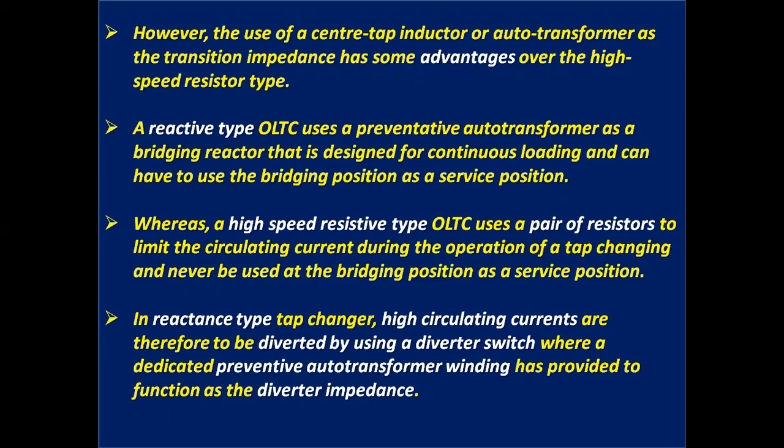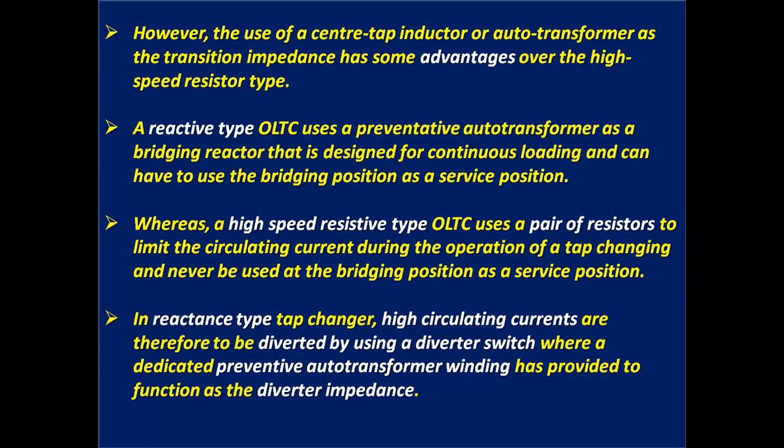Whereas a high-speed resistive type OLTC uses a pair of resistors to limit the circulating current during the operation of a tap change and is never used at the bridging position as a service position. This is the difference between reactive type OLTC and resistive type OLTC.